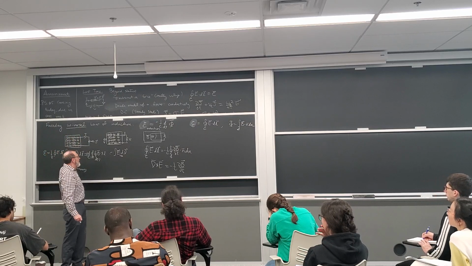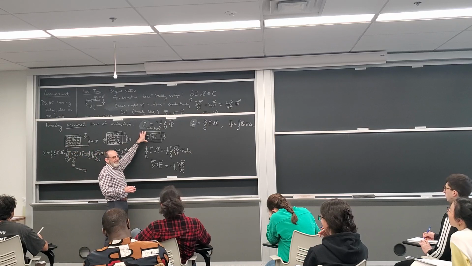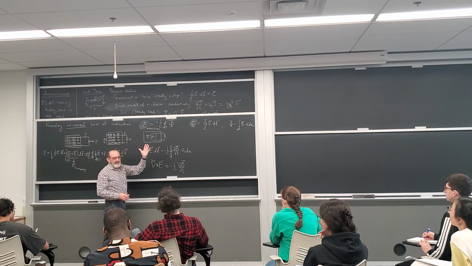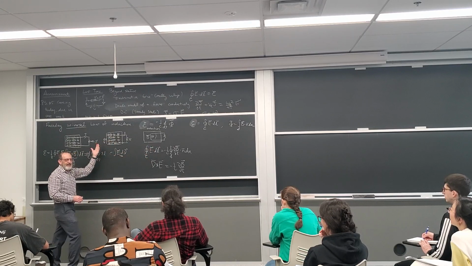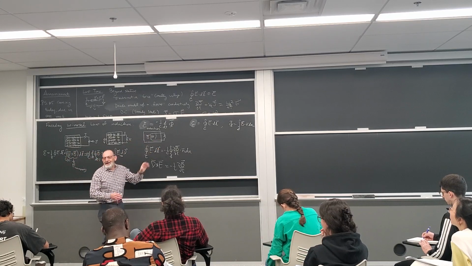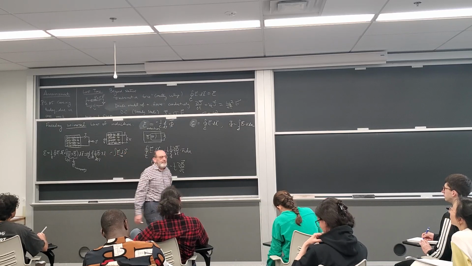It's not just about motional EMF. I can have nothing moving relative to one another, but have the magnetic field changing in exactly the same way as it would be changing here. How would I engineer that? I'd have to make it shrink in the right way, but I would get exactly the same EMF.